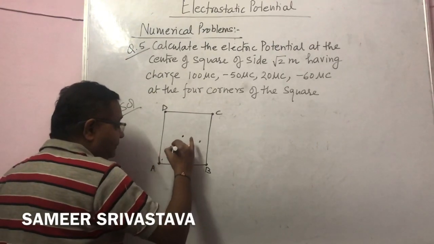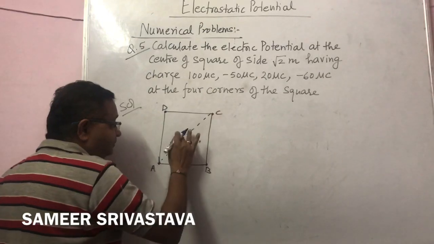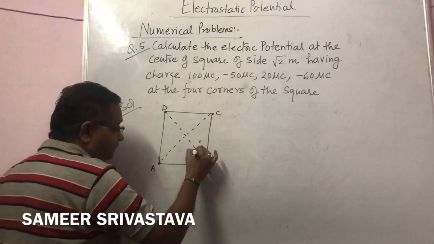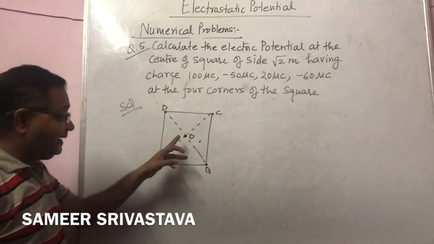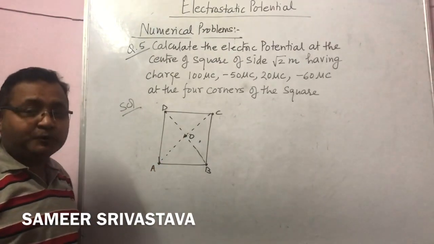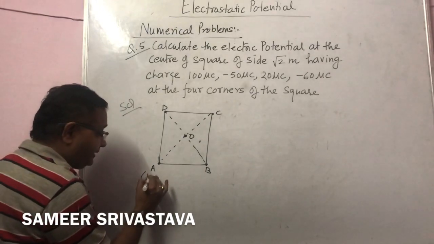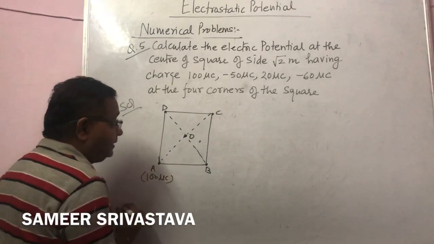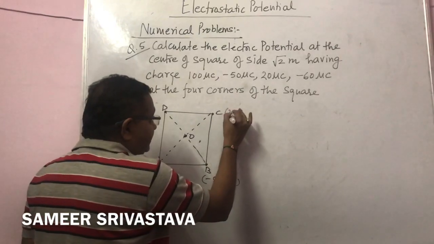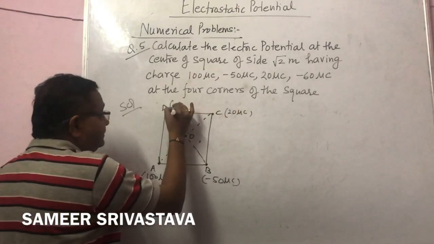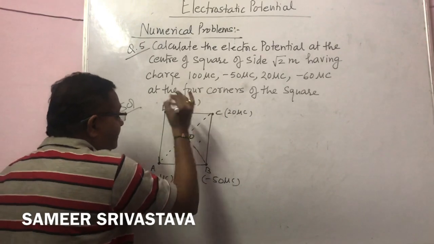So here I make a diagonal. This is the center O. At that point we have to find the potential. Here the charge is 100 microcoulomb, here minus 50 microcoulomb, 20 microcoulomb and minus 60 microcoulomb.